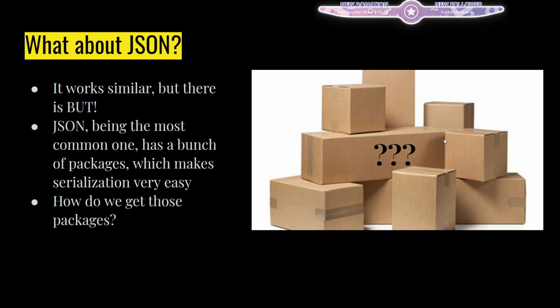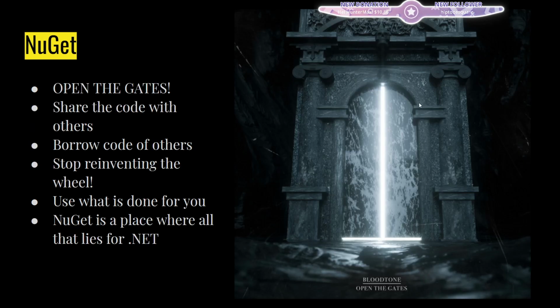So when you just want to convert JSON to an object or an object to JSON, your first thought should not be to go and use what .NET has, because there is a very nice package that is super easy to use. That package is called Newtonsoft.Json.